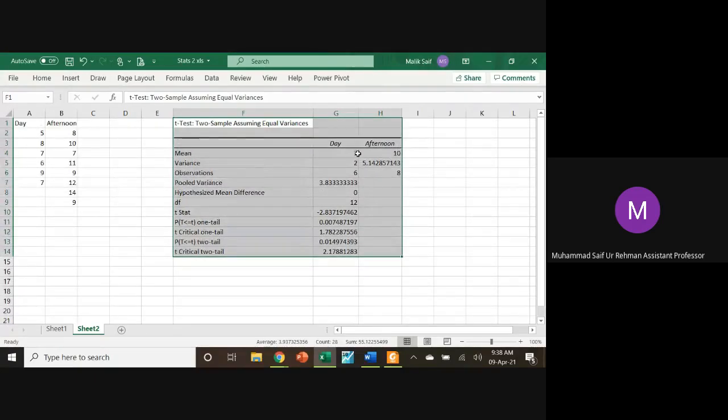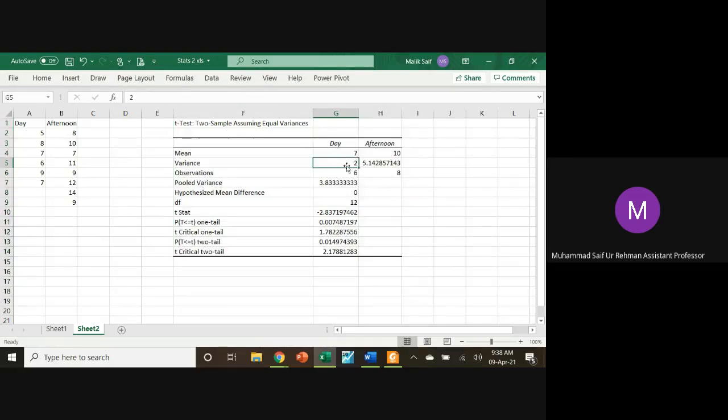Okay, similarly, in the case of afternoon, the mean is 10, the variance is 2 in the first case, and in the second case it was 5.14. So everything is there. Similarly, the critical value for two tails is 2.178. If it was one tail, then you would have to use this value.